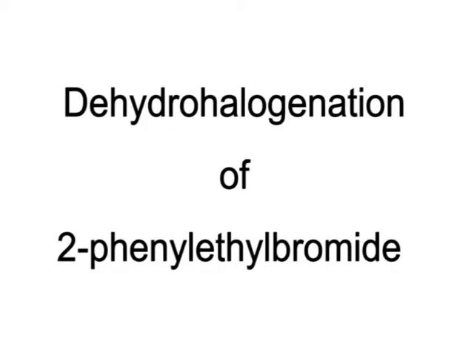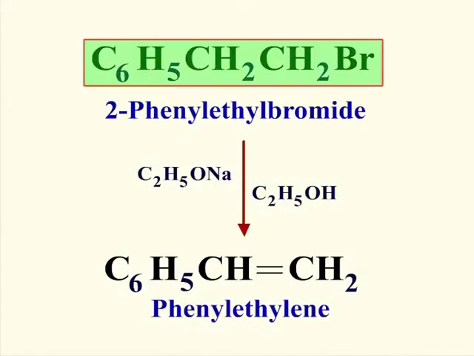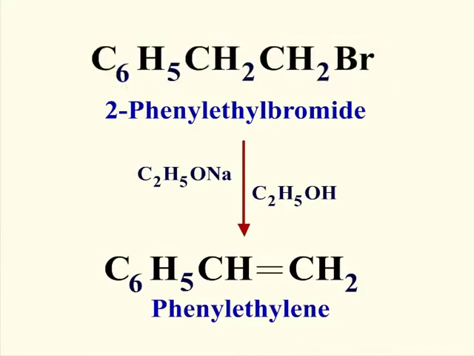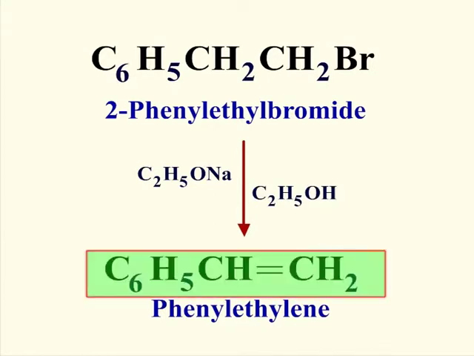Children, let us consider the dehydrohalogenation of 2-phenyl ethyl bromide, represented as C6H5CH2CH2Br. 2-phenyl ethyl bromide reacts with sodium ethoxide in the presence of ethanol to form phenyl ethylene.